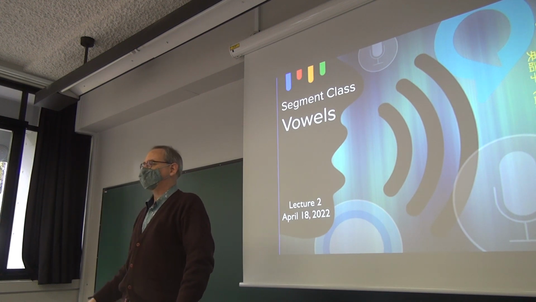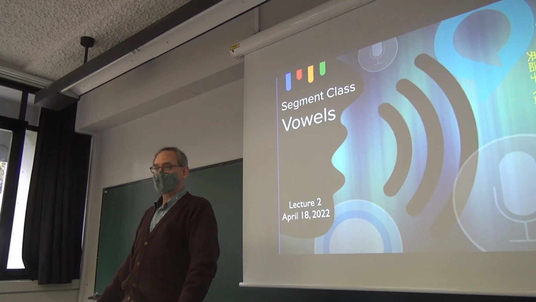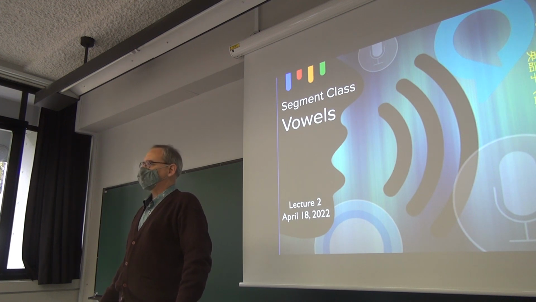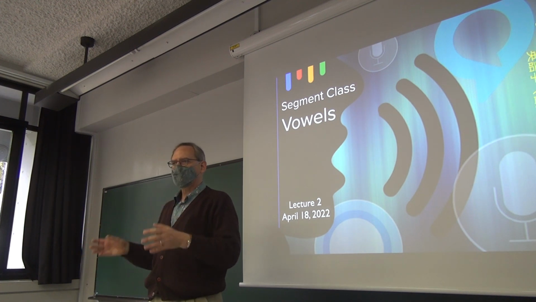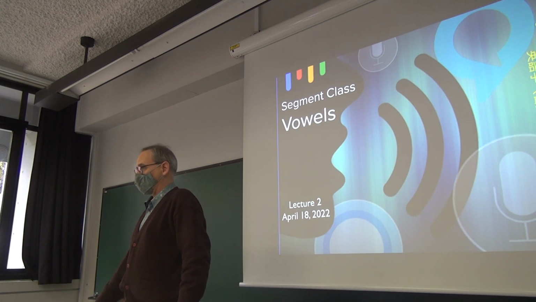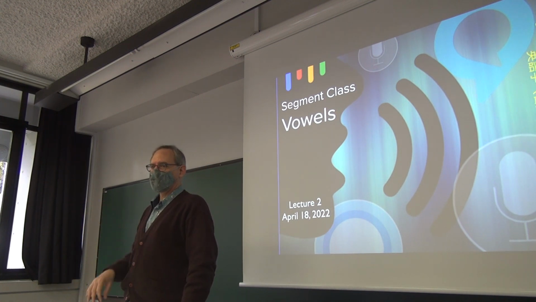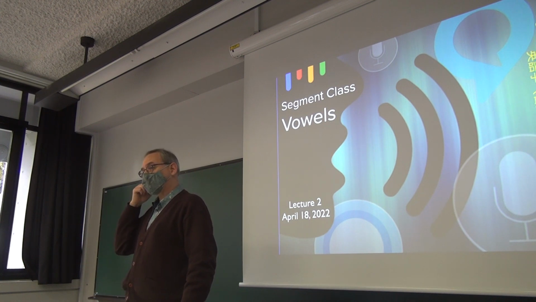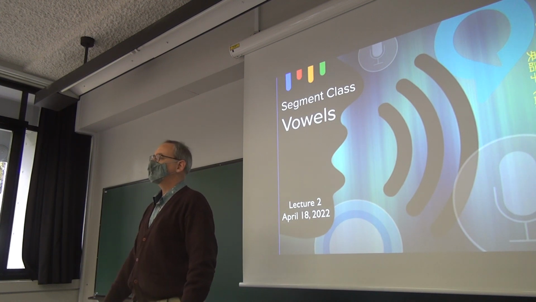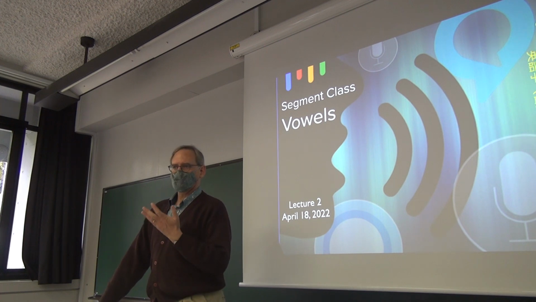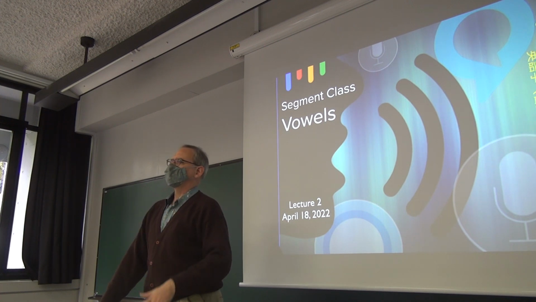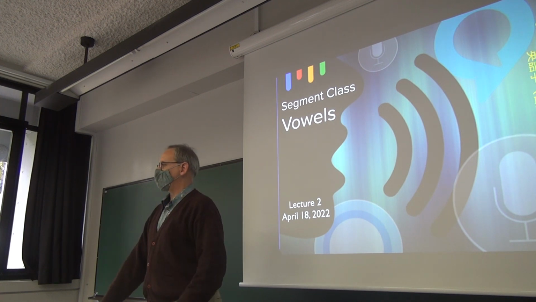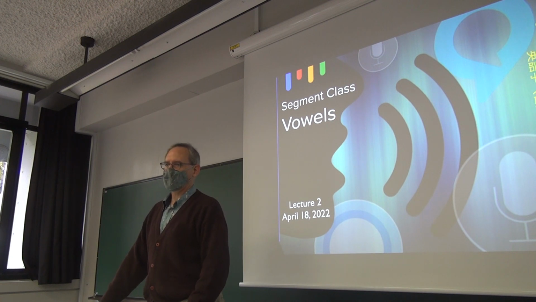And once we've identified the different segment classes, we'll begin to see how segments group together in speech. And different languages have different rules for combining segments into words. So we'll look at the English rules, the Japanese rules, and then a few other languages to see how they are similar and how they are different.